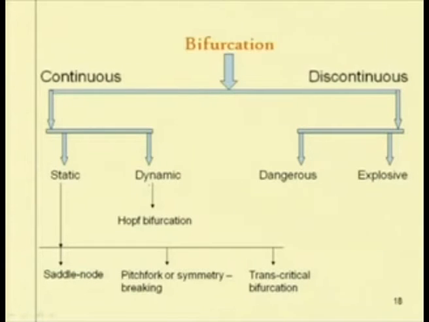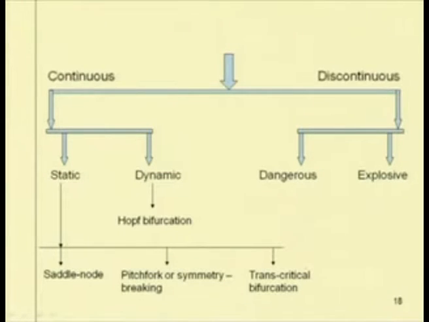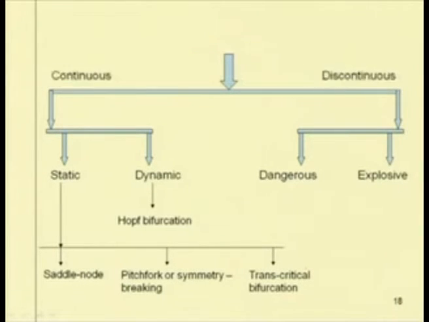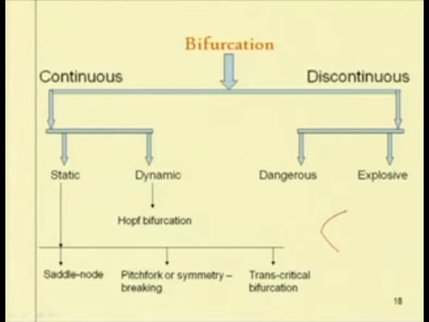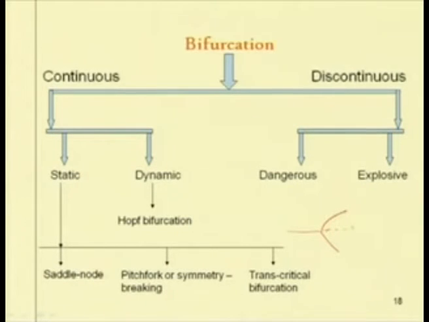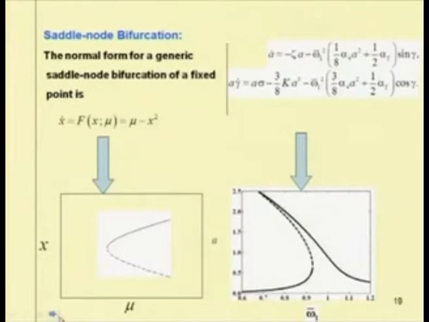In the case of static bifurcation, one can have these 3 different types of bifurcation, that is saddle node, pitchfork or symmetry breaking, and transcritical bifurcation, and in the case of dynamic bifurcation, it is Hopf bifurcation. In the case of pitchfork or symmetry breaking, the response may be supercritical or it may be subcritical also. Similarly, in the case of Hopf bifurcation, one can have supercritical and subcritical bifurcation. So, these examples we have already seen.